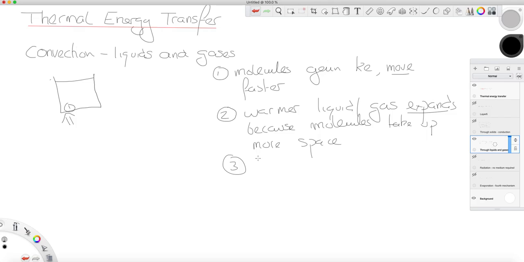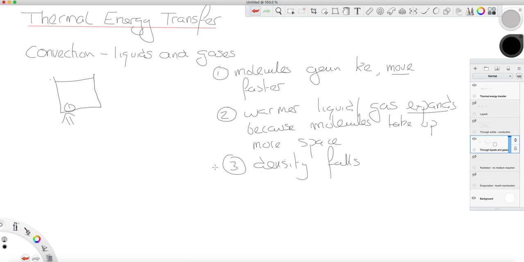So the density falls, that is to say the density of that liquid or gas that has been heated falls, not the density of the molecules. It is not the molecules that expand, it is the liquid or gas made up of the molecules. Literally, the molecules are moving around faster and taking up more space.